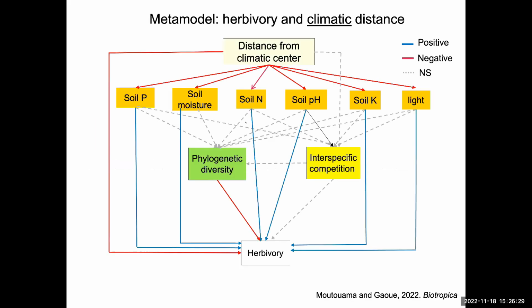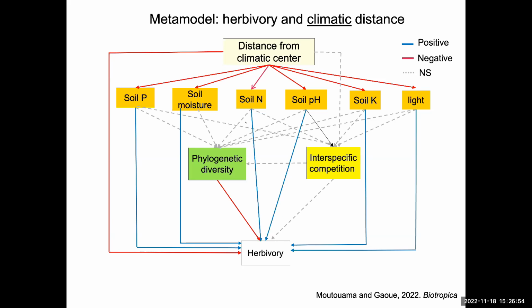To test that, we again use a structural equation model where we predict that those abiotic factors, such as soil phosphorus, soil moisture, soil nitrogen, soil pH, soil potassium, and light, will decrease from center to periphery, because we assume that the center of the niche has better conditions for the species.